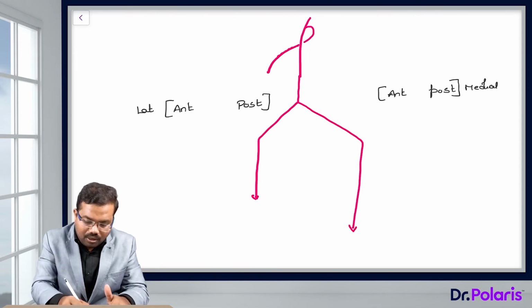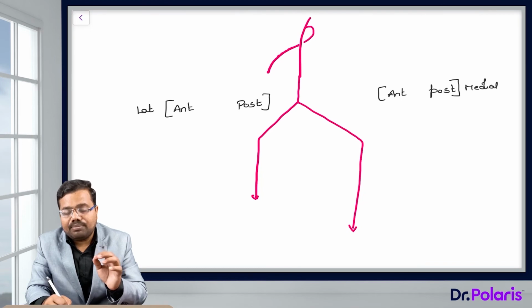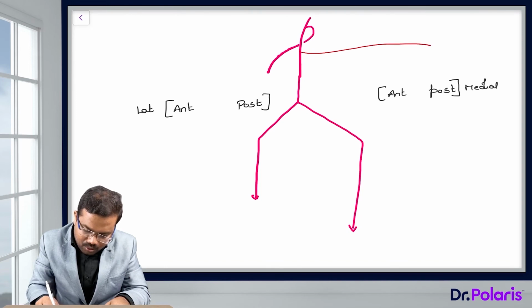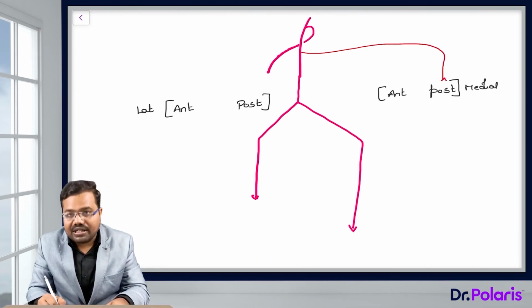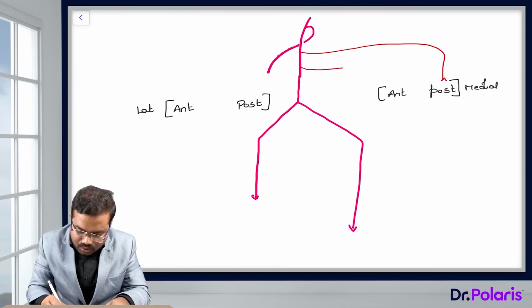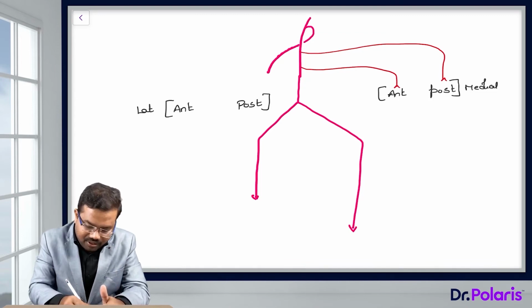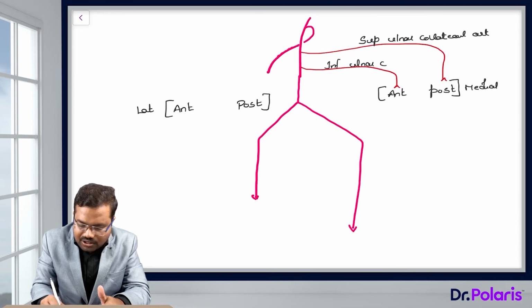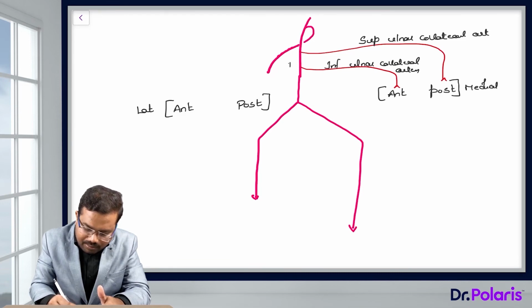Now coming to the branches, the main trunk of the brachial artery gives the superior ulnar collateral artery, which goes to the posterior part on the medial side, whereas the inferior ulnar collateral artery comes to the anterior part of the medial side. So this is called the superior ulnar collateral artery, whereas this is called the inferior ulnar collateral artery. Both are coming from the brachial artery itself, the main trunk.